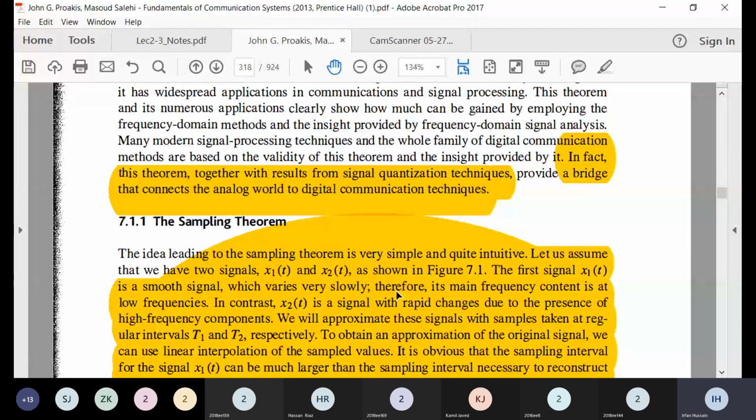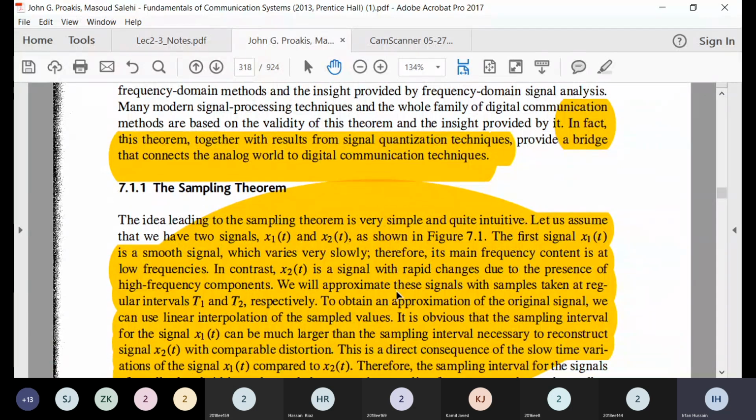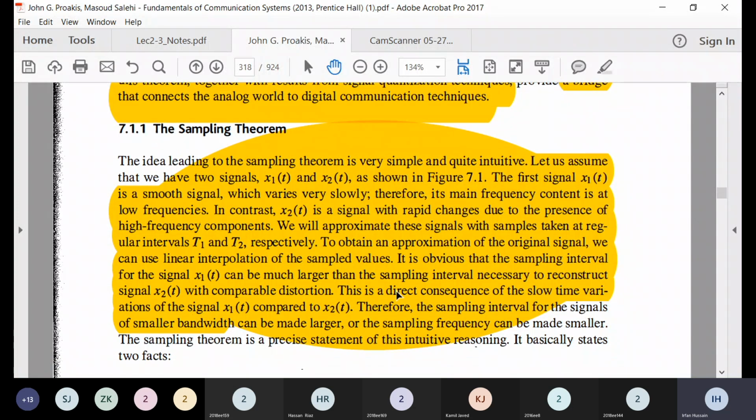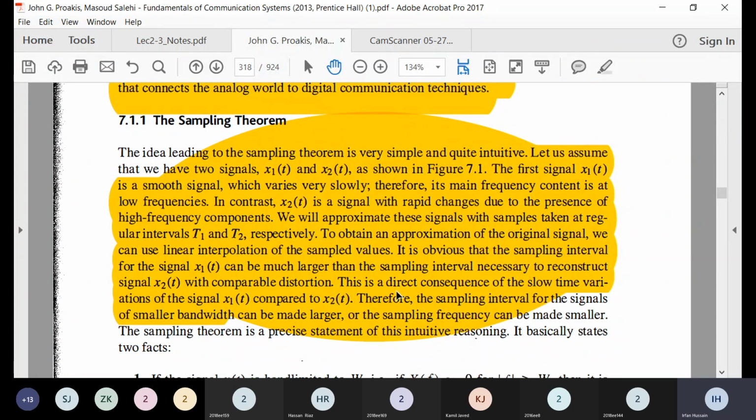I am also grateful to Dr. Mohammed Tahir, who has provided me his notes, where you can also see the practical side of sampling. Theoretical side you can read in the book, or you can see my lectures. But another thing is the practical implementation, and that comes with experience of transforming analog signals to the digital domain. So some of the insights will also be shared of the practical reality.